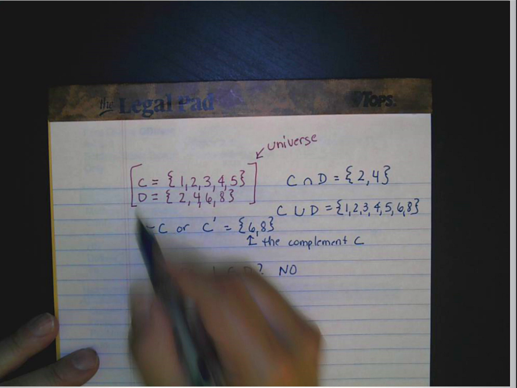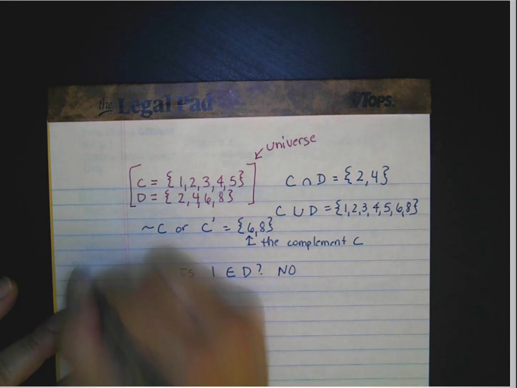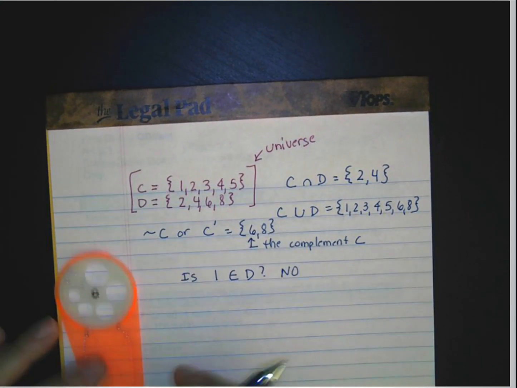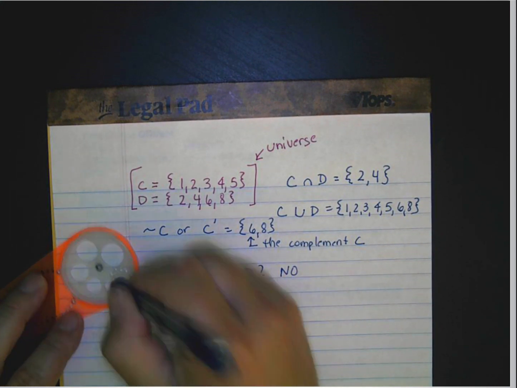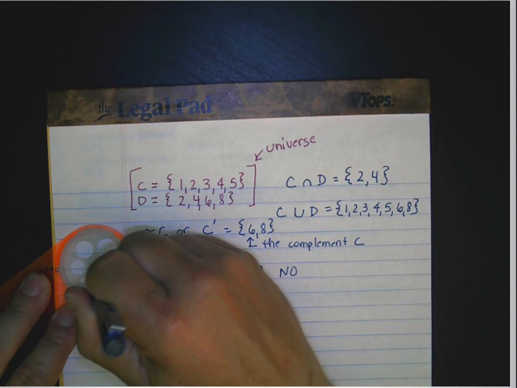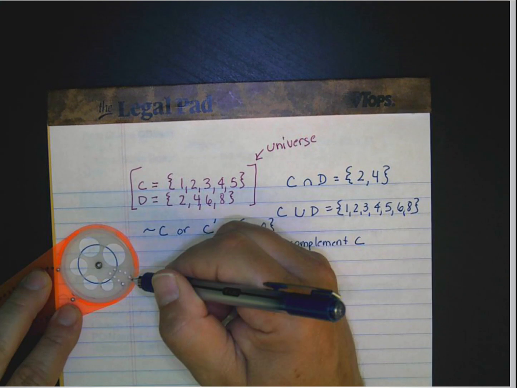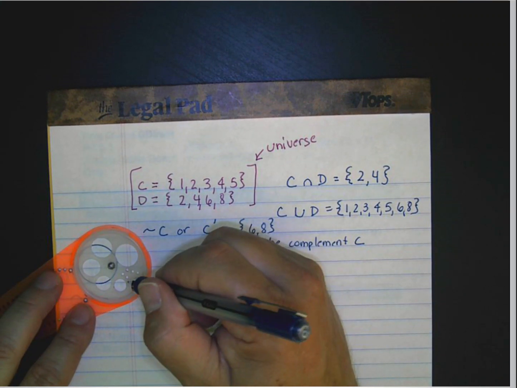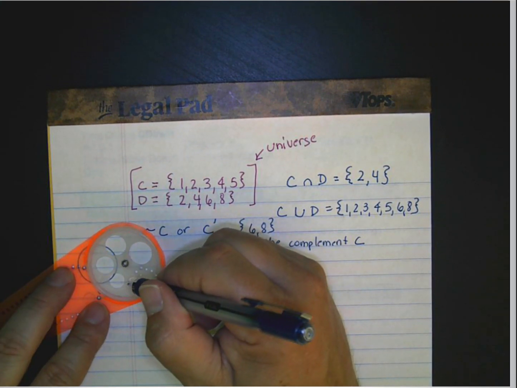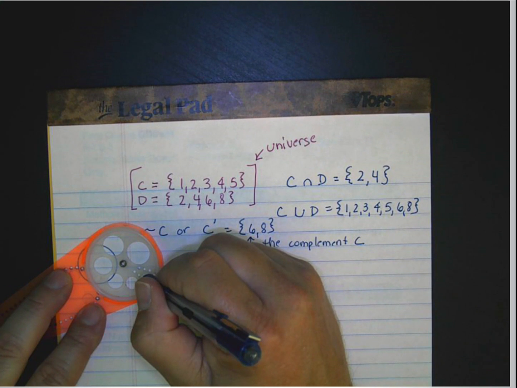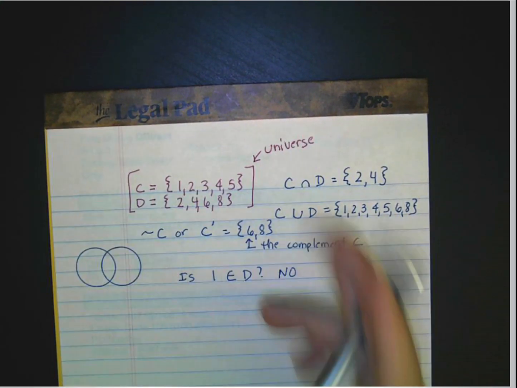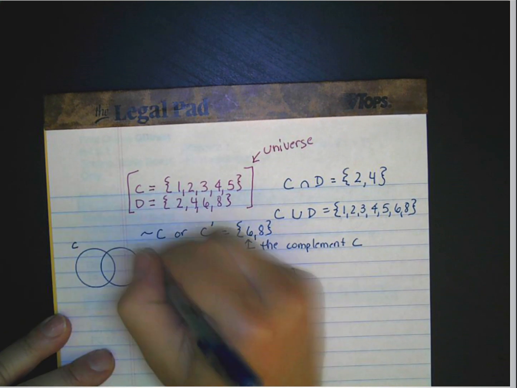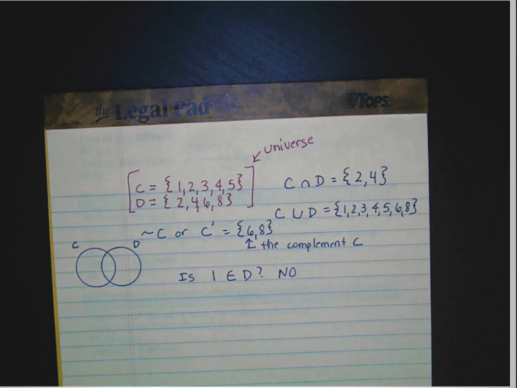Now, if we're putting this in a little Venn diagram, I guess we should do that because I talked about Venn diagrams. Let's see if I can do two little circles over here real quick. Probably not going to be big enough, but we'll deal with it. Okay, let's say this was C and D. When I'm drawing a Venn diagram, I always start with what they have in common.